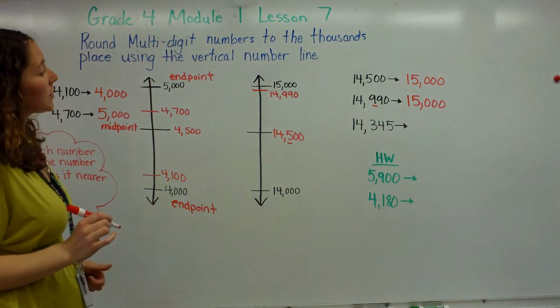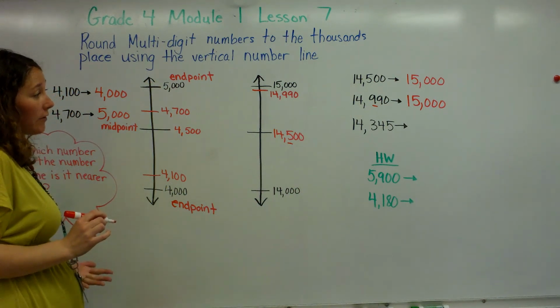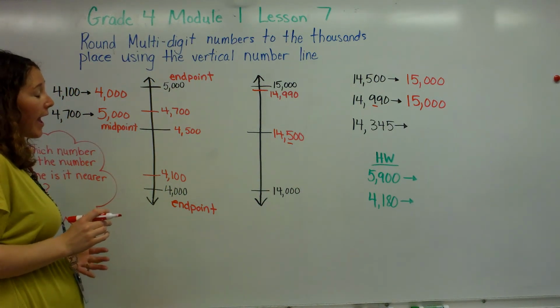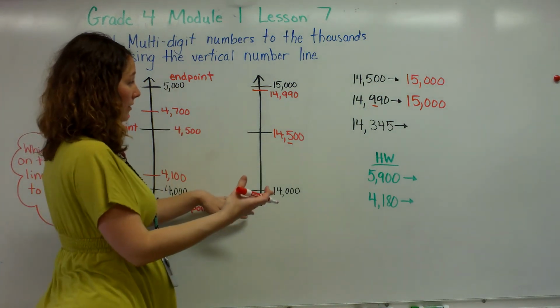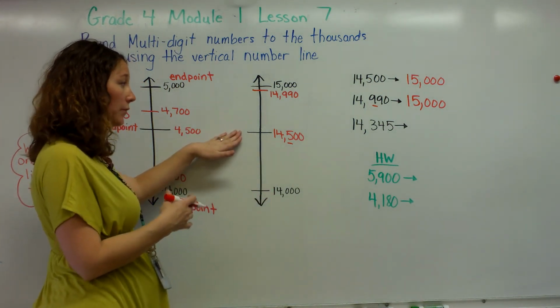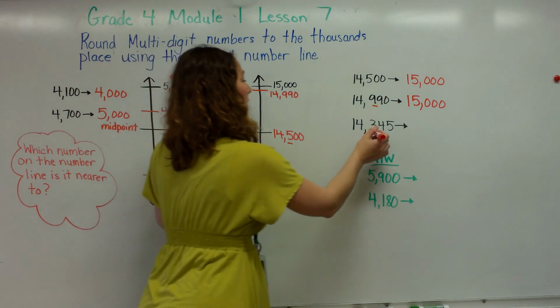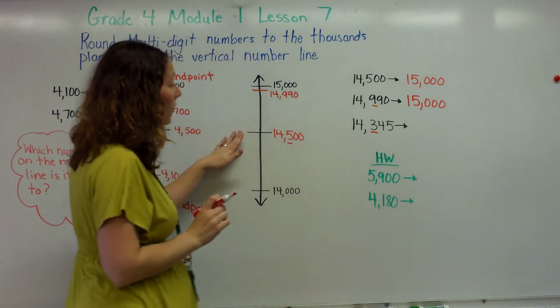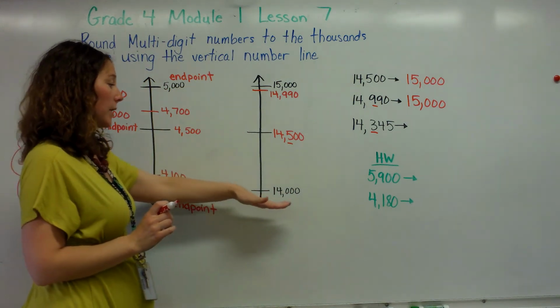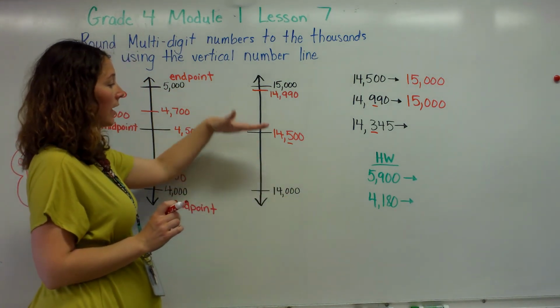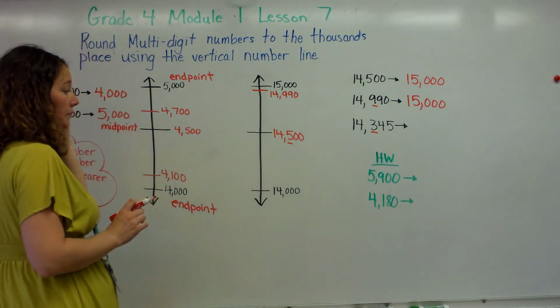My next example, 14,345. I have to do the same thing. I have to ask myself, is it greater than 14,000? Yes. Is it less than our midpoint, 14,500? If I look at my hundreds place again, I know that it is less than 14,500. Therefore, it has to be somewhere between 14,000 and 14,500.